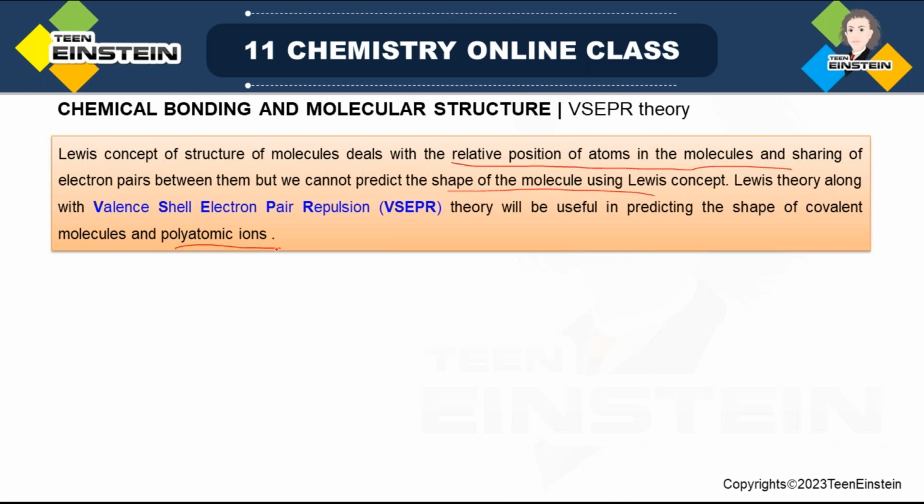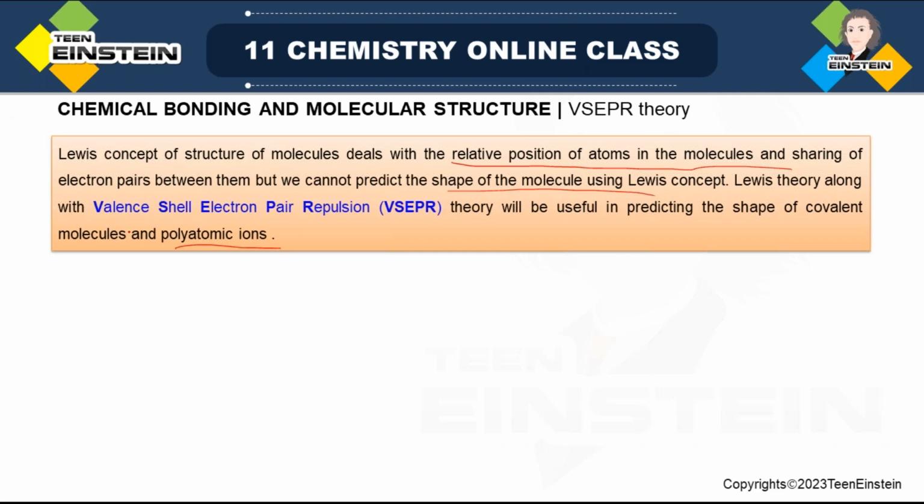This is a polyatomic ion: 1 carbon, 3 oxygen, 2 negative charge. Or it may be any neutral covalent molecule. For these types of molecules, we can apply VSEPR theory. After the discussion of this theory, we will also see some limitations. But before that, we have to understand the basic concept of this theory.